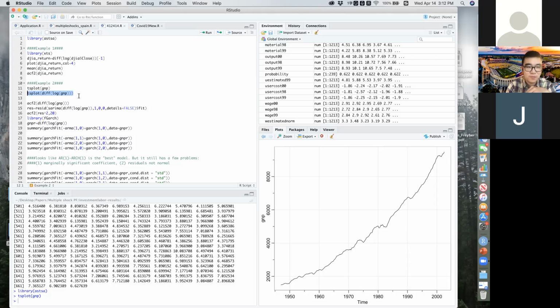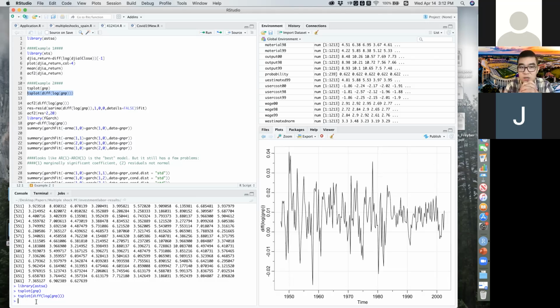So what we do is we do 2 transformations. First is a first order difference, and the second is to take the log. That's what I got with the first order difference plus the log transformation. You can see the stationarity is definitely good. The mean is a constant.